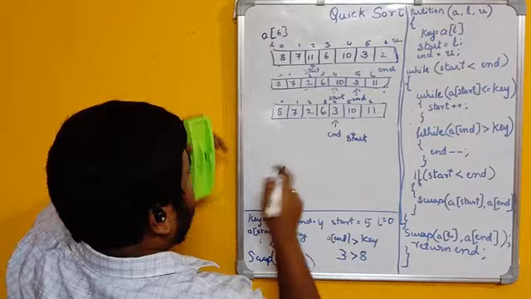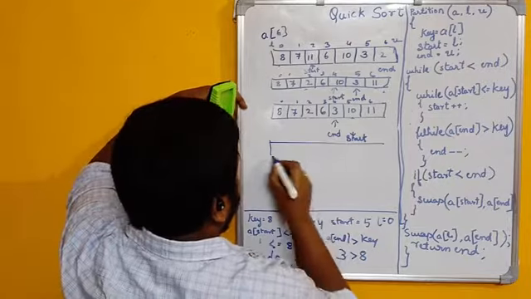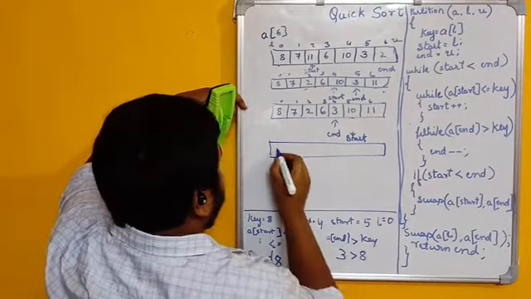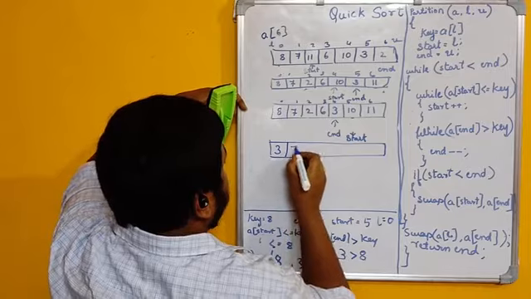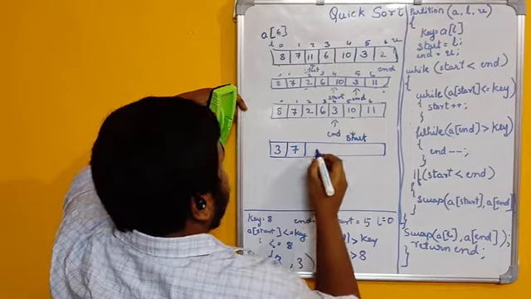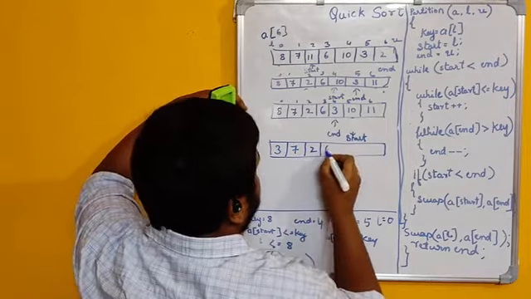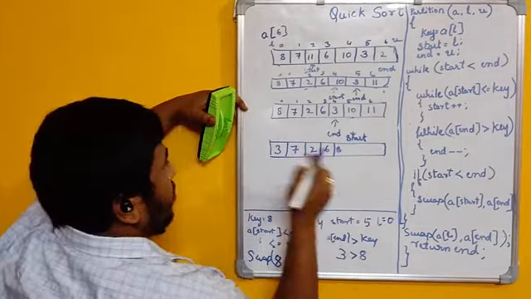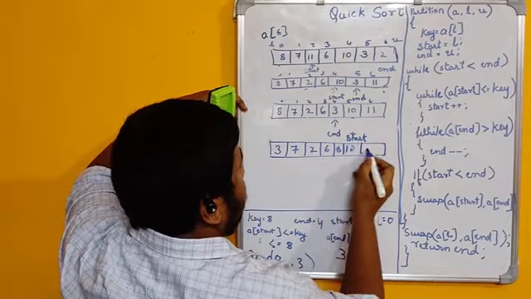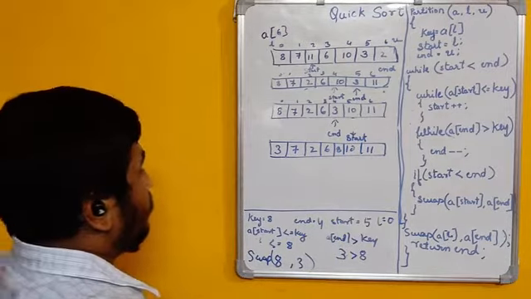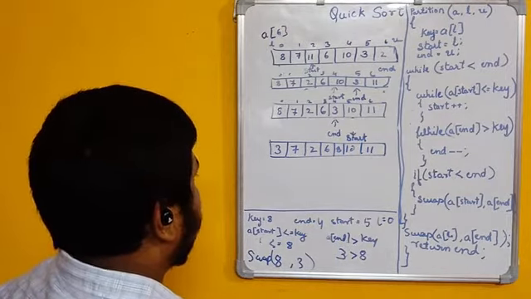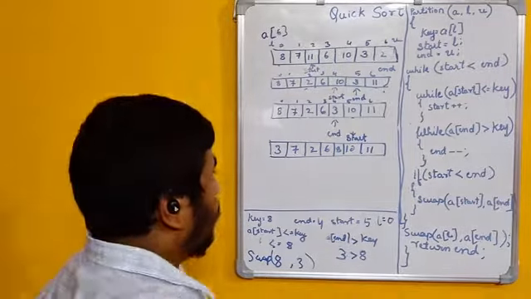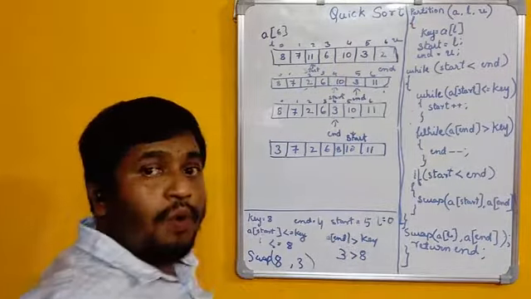So now our next array will be 3, 7, 2, 6, here 8 because we swapped 3 and 8, 10, 11. Okay, see here, the first partition is over.